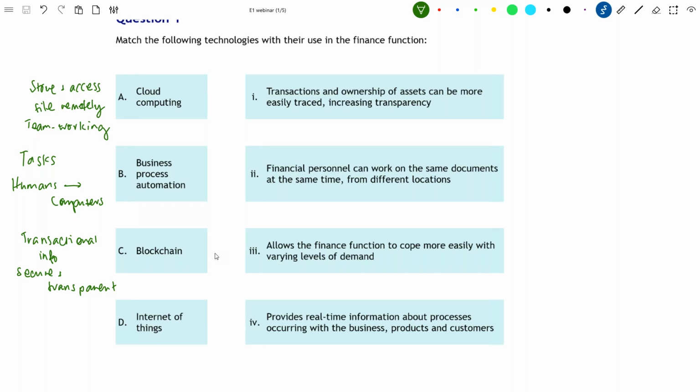Okay, so that's blockchain, and our final technology that we've got is Internet of Things. Now, Internet of Things describes the interaction of internet-connected devices which gather data about the device and its environment as well as its user. So we've got internet-connected devices which are gathering data.